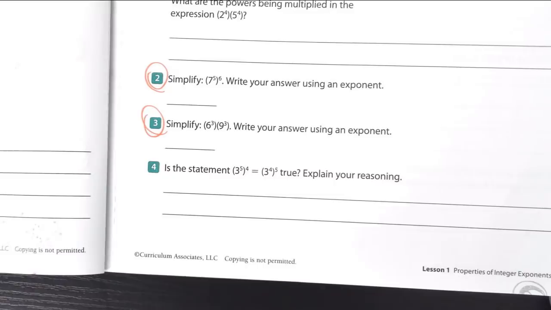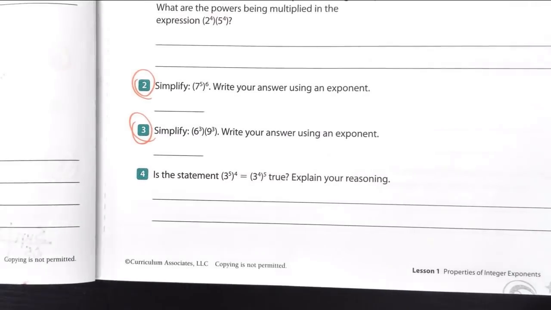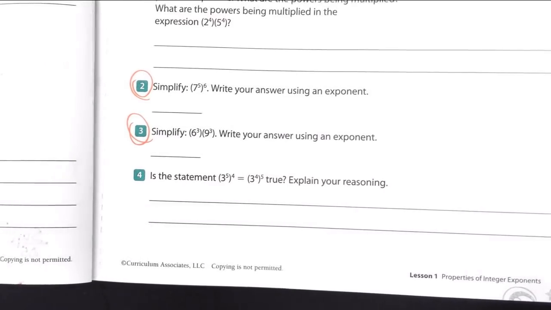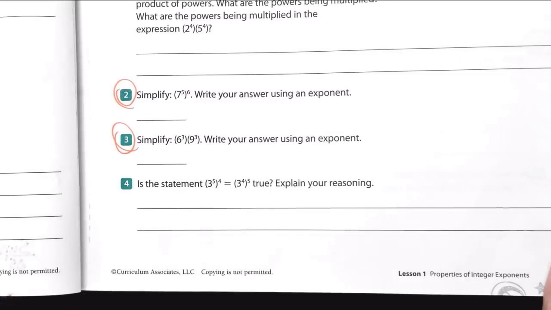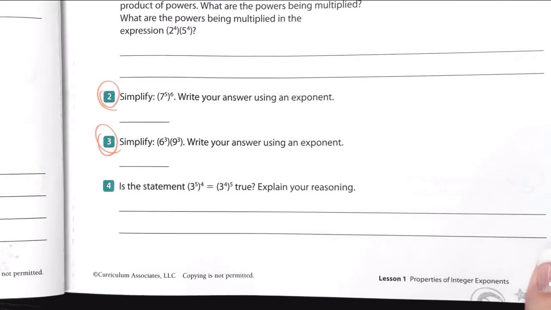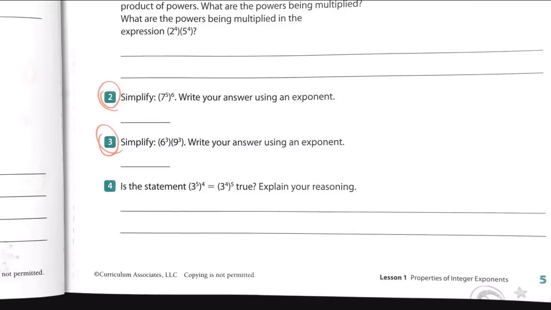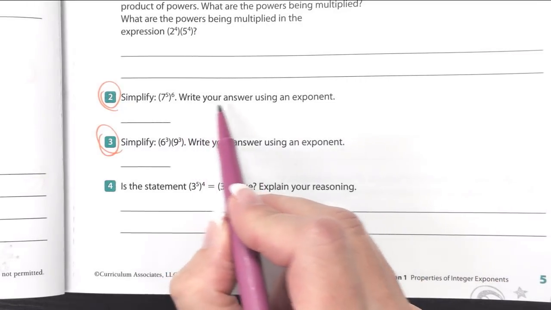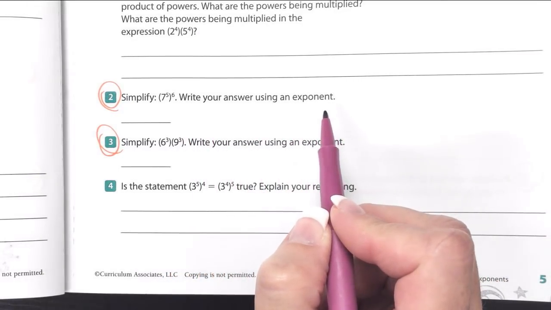You also had page 5. Number 2 and 3, pretty simple, just applying your rules of exponents that we talked about the other day when we made our power bar and we've done the examples. Number 2 says to simplify 7 to the 5th raised to the 6th power. And it says write your answer using an exponent. So I don't need a calculator.